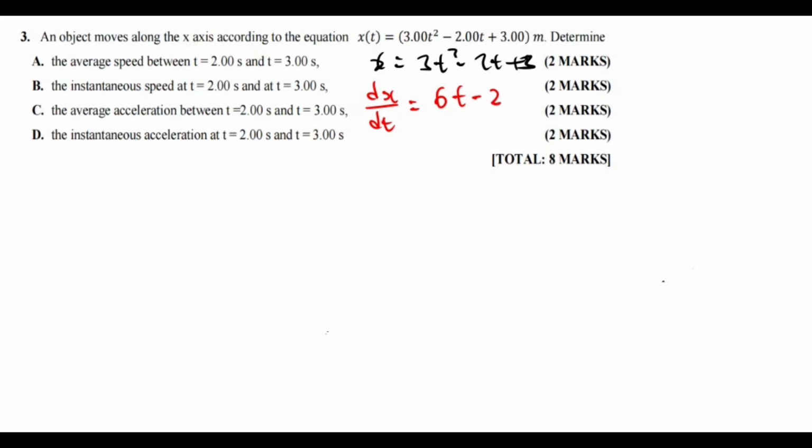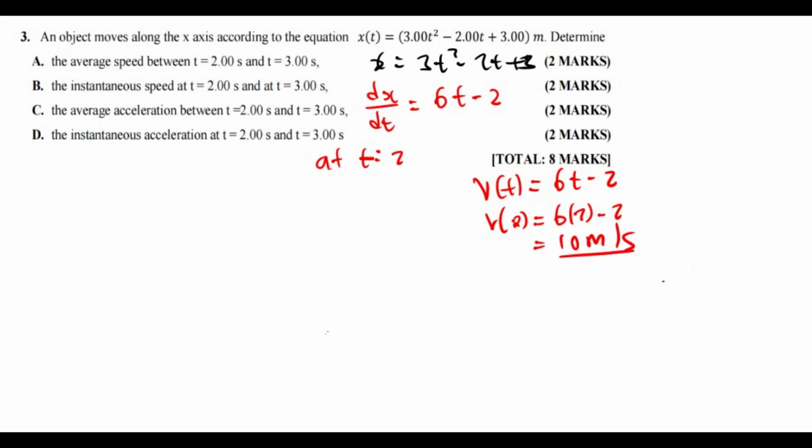So at t equal to 2, the velocity as a function of time, I'll use the same formula and plug in t equal to 2. 12 minus 2 is 10, right? It's 10. So the instantaneous velocity when t was equal to 2 is 10 meters per second.